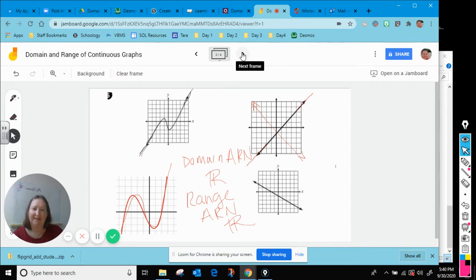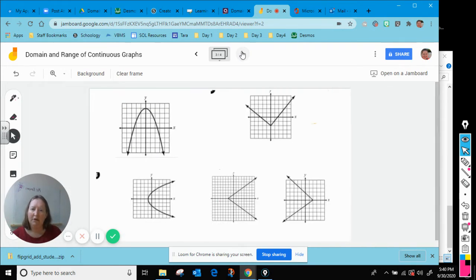Okay, let's look at the next set. So these ones at the top, they're opening down and they're opening up. So when you think about their domain, their x values are going to be any number on the x-axis, because this just continues to go downward, but also to the left, and this continues to go downward, but to the right.